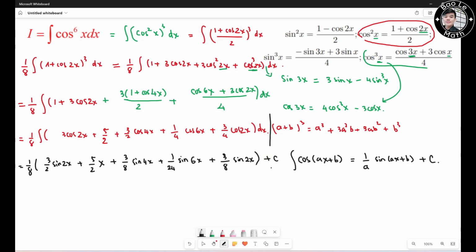plus c. Alright, now I'm going to simplify this guy and this guy right here: 3½ sine 2x and 3/8 sine 2x.